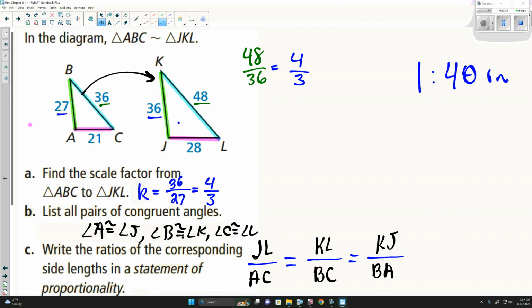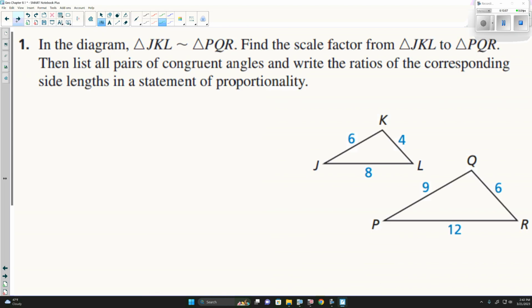So that's just saying for every 1 inch on the model, in real life you have 40 inches. Or here we're saying for every 1 unit of this one here, we have 1 1/3 units here. And it's just our scale. Questions on this here? Questions on any of this so far?